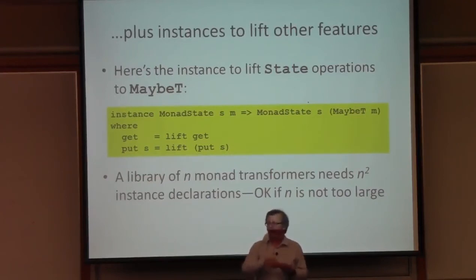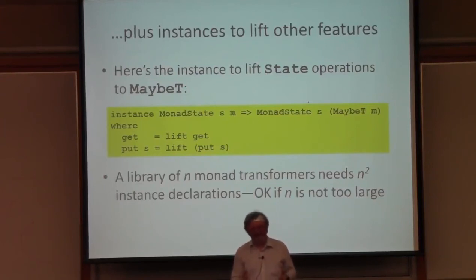And we need to lift all of the other features through that transformer. So if we have a library with n monad transformers, we're going to need to write a quadratic number of instance declarations. That sounds as though it could be a problem. But actually, in practice, it's not, because there's a small number of interesting monad transformers. And so if n is small, so is n squared.